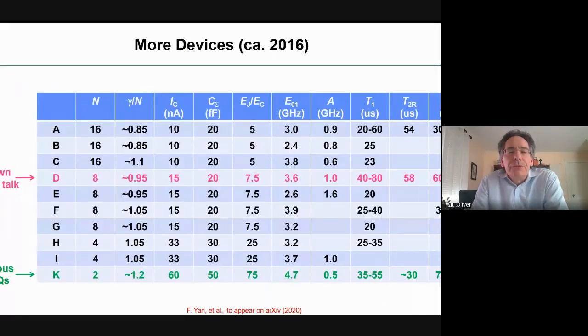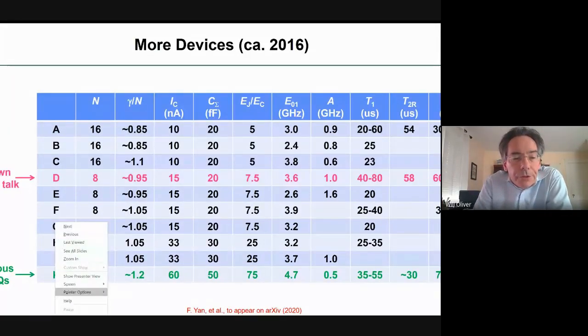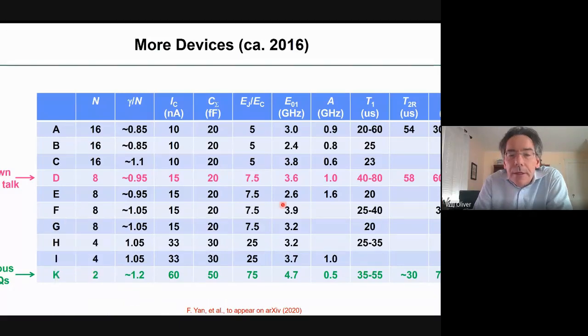Okay, and then just to summarize the devices that we had made at that time, what I've shown is in magenta here. I should turn on a pointer. So we got about a gigahertz of anharmonicity on a 3.6 gigahertz qubit. The coherence times were decent, I would say, maybe more impressive back in 2016, but still they were pretty good, and they were a little bit better than the C Shunt flux qubits.